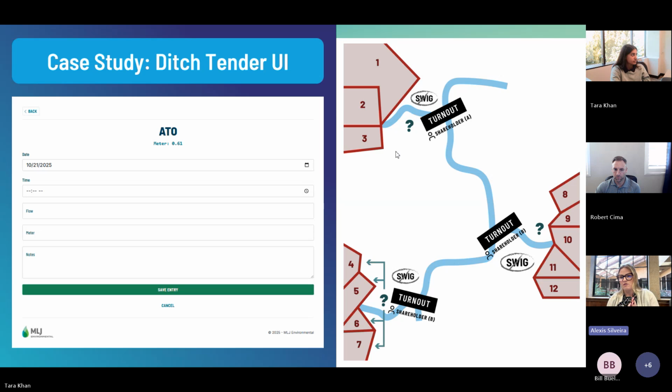Well, with the ditch tender interface, we can eliminate a step in the reporting process because we know what's going into the recharge pond and what's going in to be irrigated for the pistachios or almonds or whatever I just said. And then that takes apart because we also have a custom built in for recharge reporting. So all of it ideally is made to fit into one another, right?